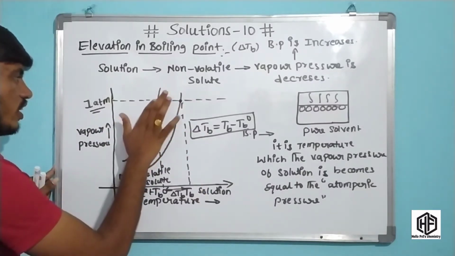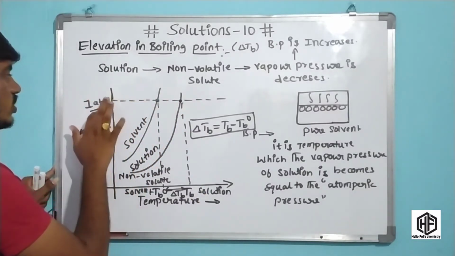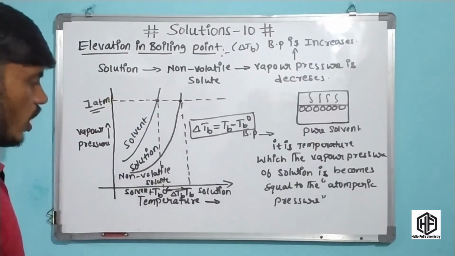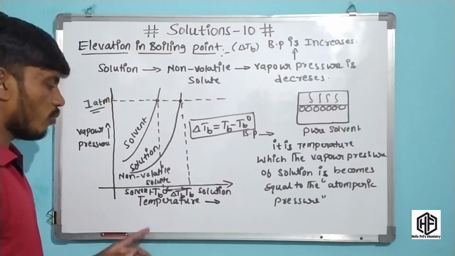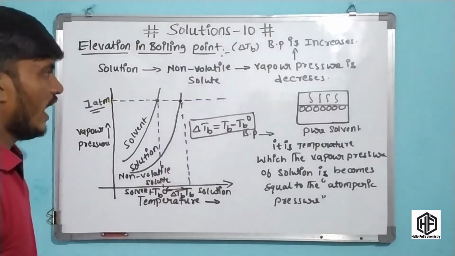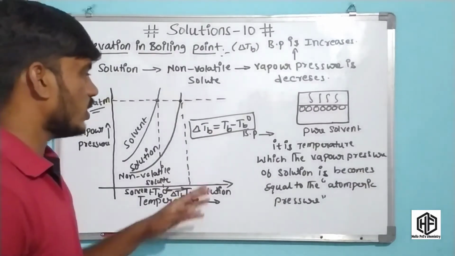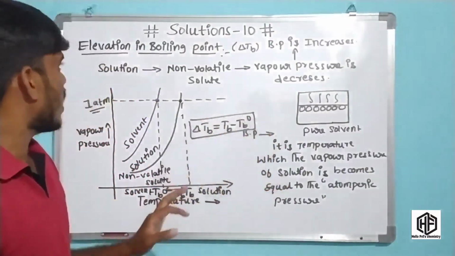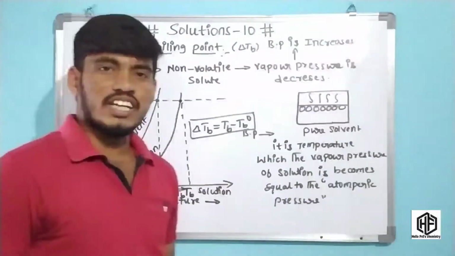The solution minus solvent boiling point is delta TB, also called the elevation in boiling point, equal to TB minus TB naught. Okay friends, this is the concept of elevation in boiling point.